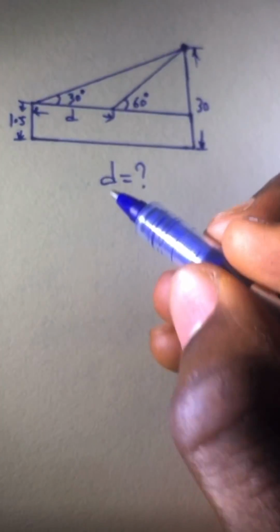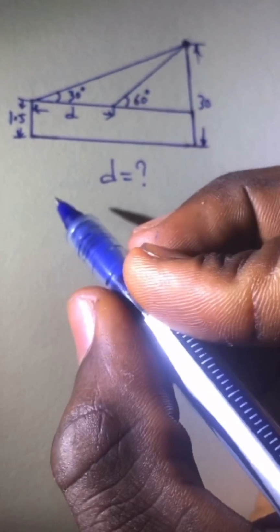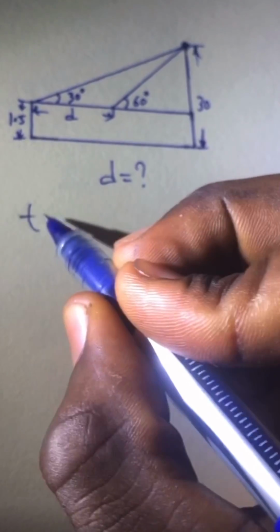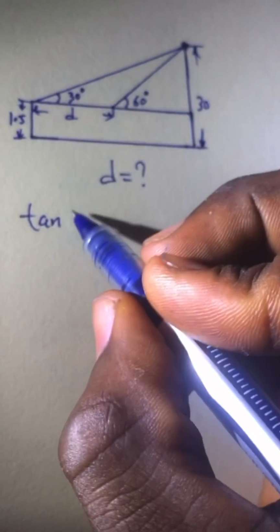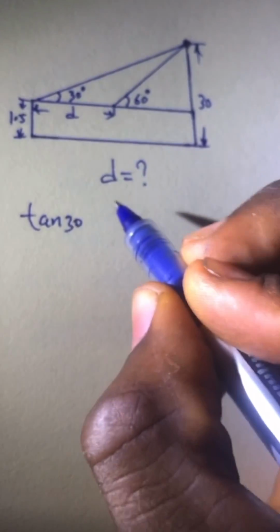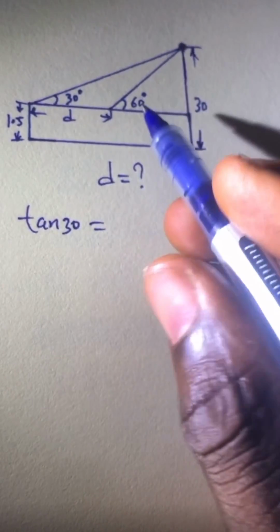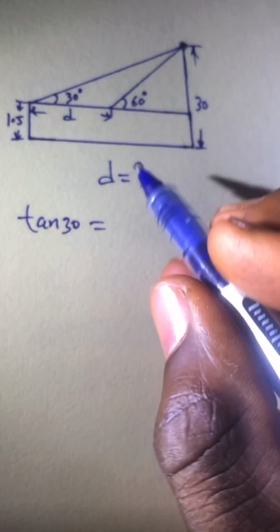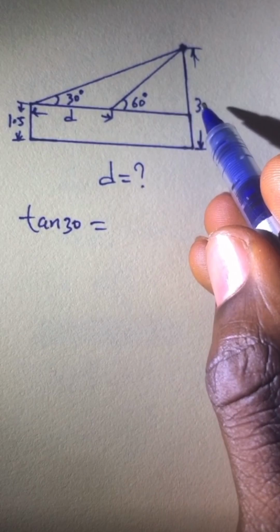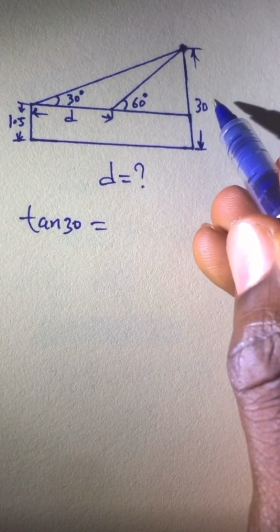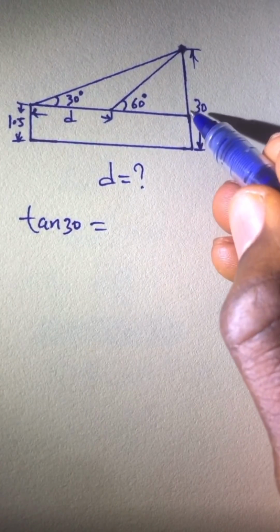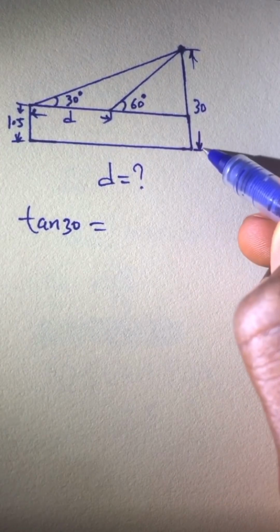To get the answer for D, we know that tan 30 is equal to opposite, which is 30, and this 30 here is the full length.